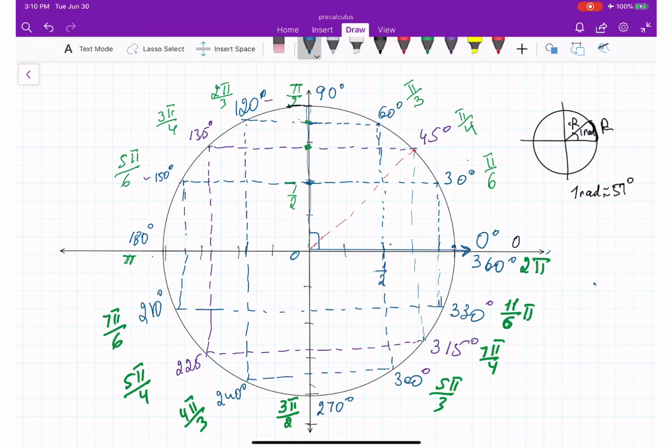Those are functions that relate and work with the angles of a right triangle to the ratio of two side lengths.